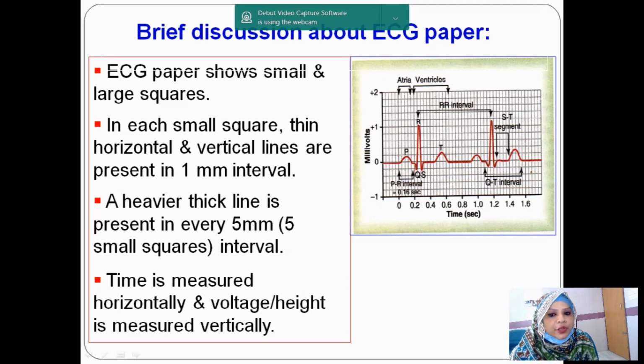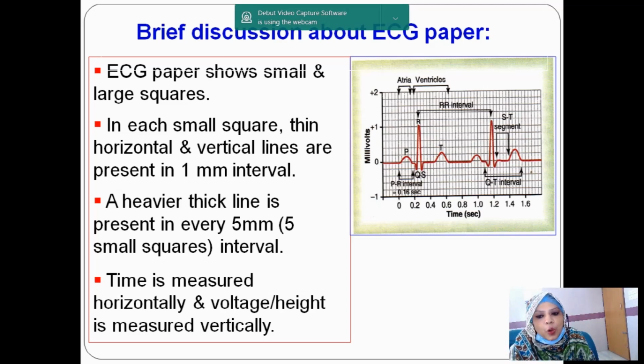Five small squares constitute one large square.